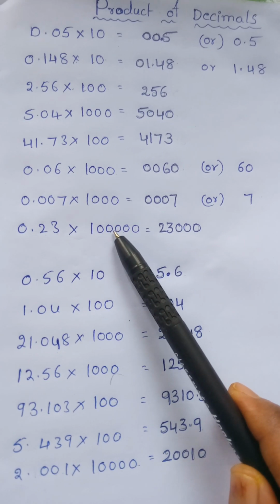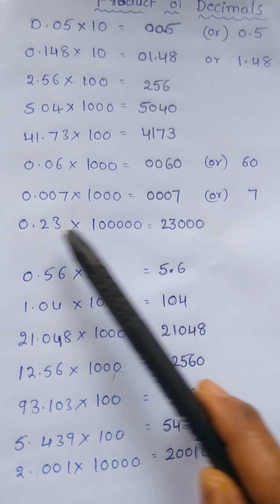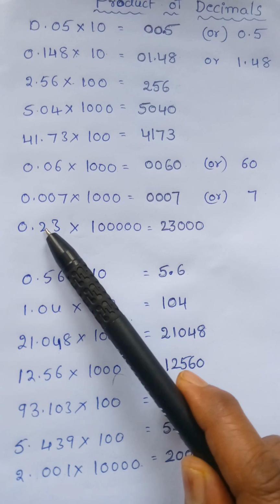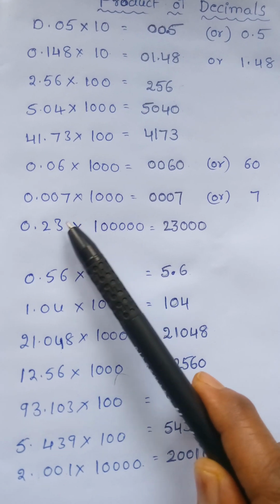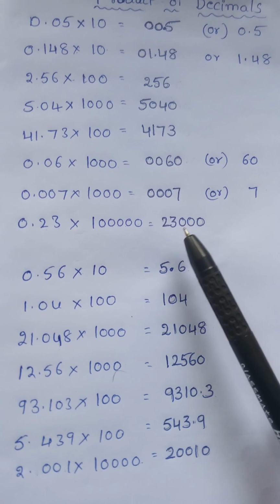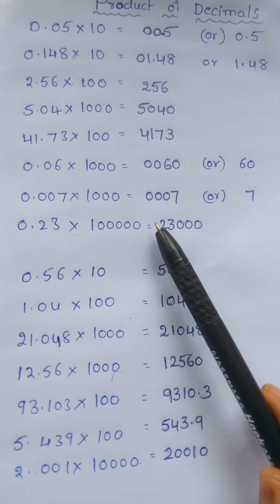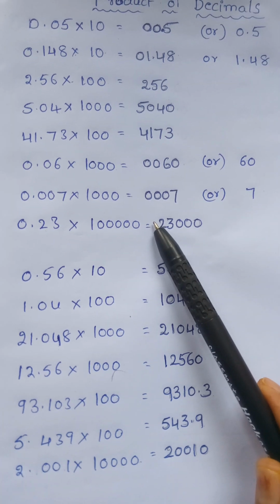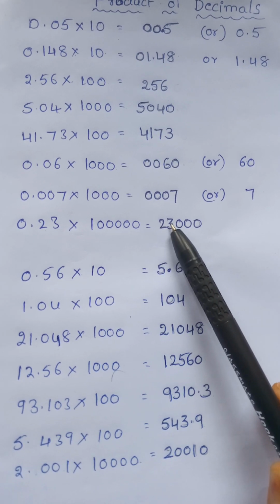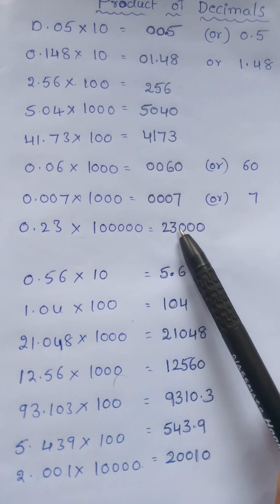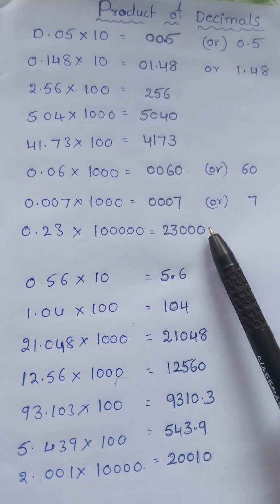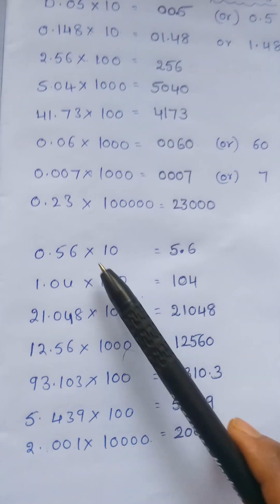In 1 lakh, how many zeros? 5 zeros are there, but here only 2 digits. So we keep 3 zeros. In the question the point is here, then after 5 digits, 1, 2, in the question 2 only, we keep another 3 zeros. 1, 2, 3. Then 5 are there. Here is the point.